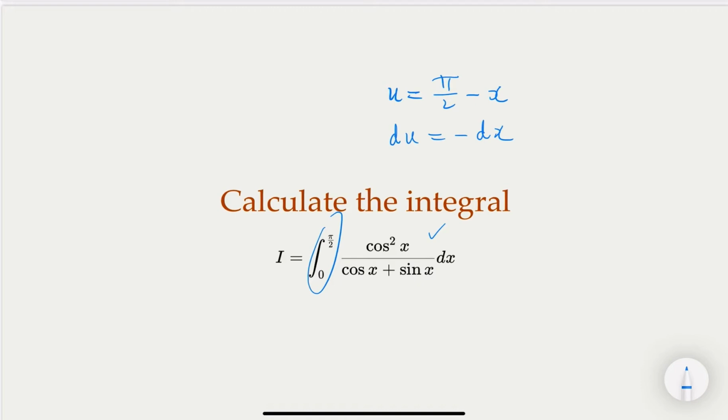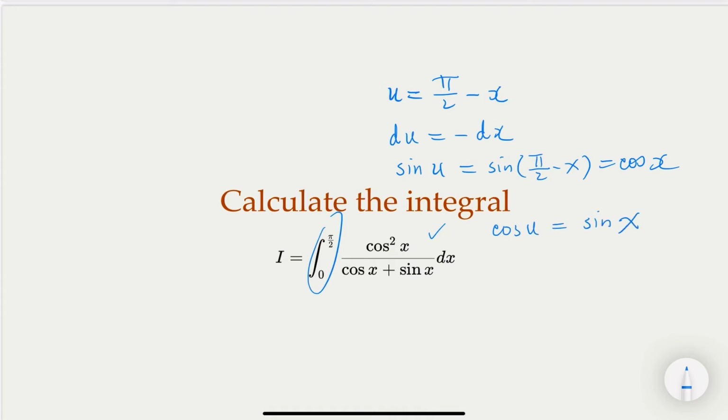And you're going to notice that sine u is going to equal sine of pi over 2 minus x, which is cosine x, and similarly cosine u would equal sine x.